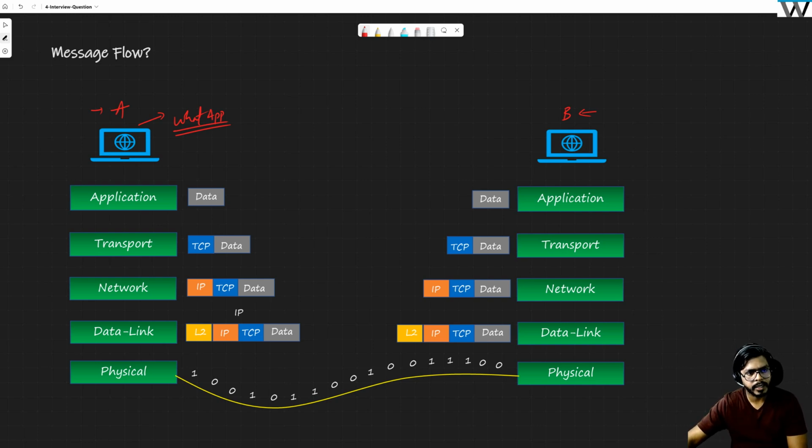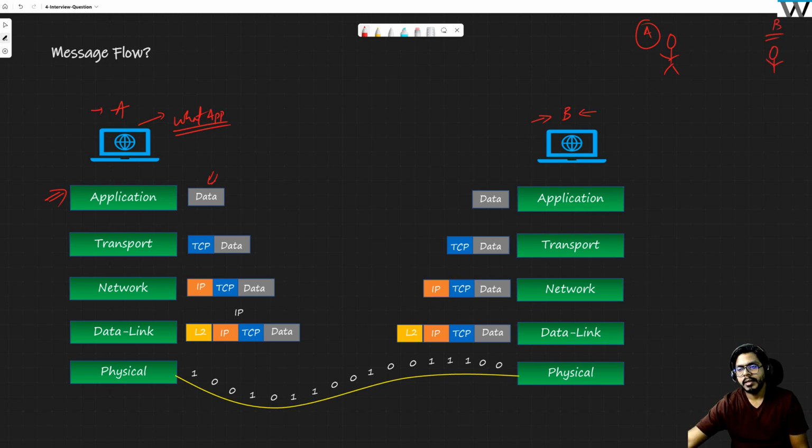Okay, so here we have the application layer. At the application layer, we have the data which is created by this WhatsApp application, right? Now, what does this application inform the transport layer? First thing first, if you want to communicate with host B, you should know the address of B. It is as good as if you are Mr. A, and you want to go and meet your friend who resides in a particular community.